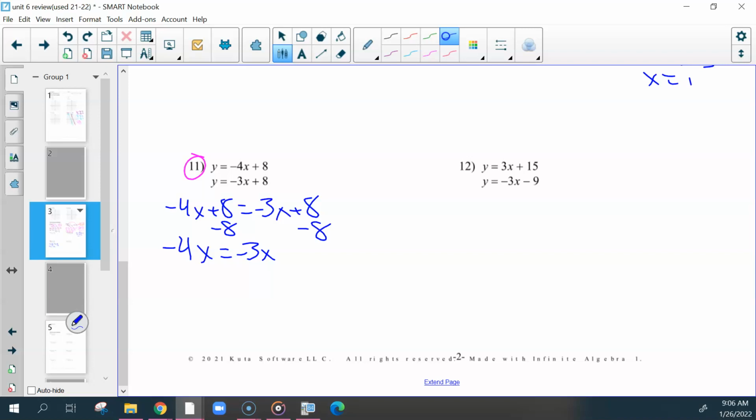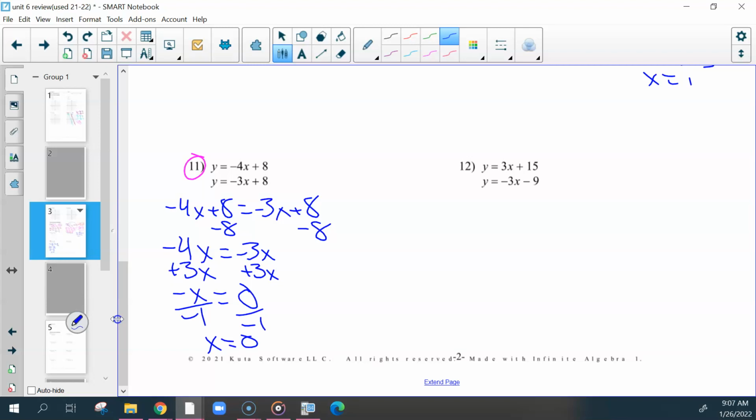It doesn't really matter which. So if we add 3x, we get negative x equals 0. And then, am I done? No. What do I still need to do? Still equals 0. But I do need to do this stuff.